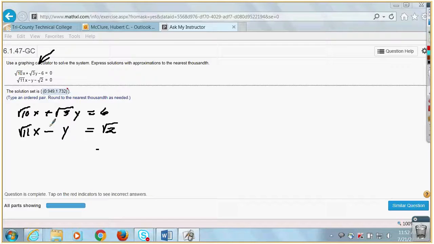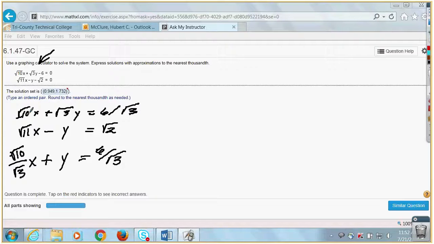So I'm going to divide this whole row by the square root of 3. And that's going to give me the square root of 10 over the square root of 3 x minus, well, the square root of 3 plus the square root of 3 over the square root of 3 is 1, so that's going to be y, and then that's equal to 6 divided by the square root of 3.